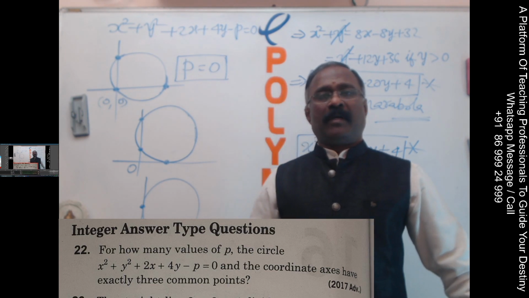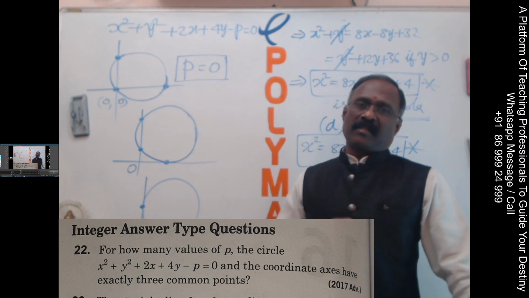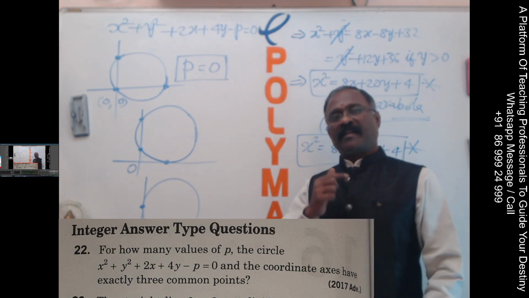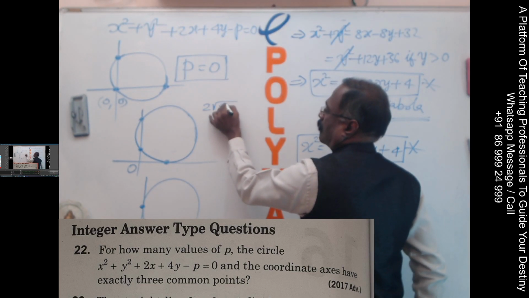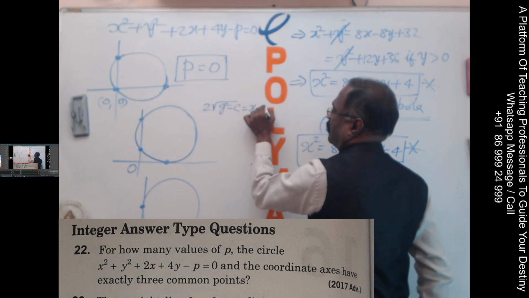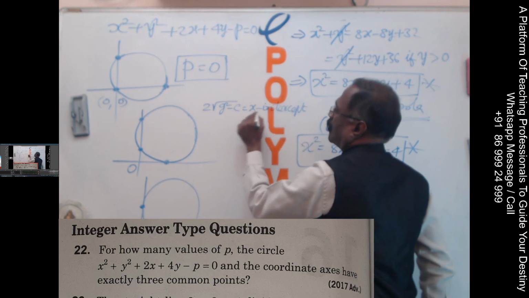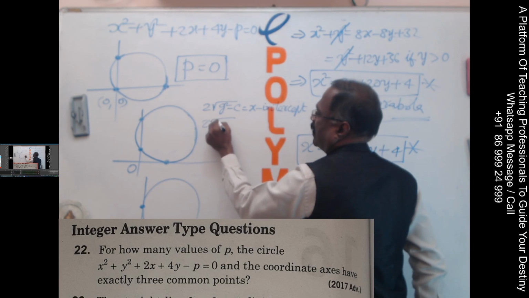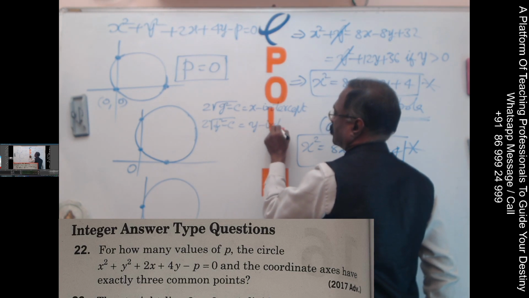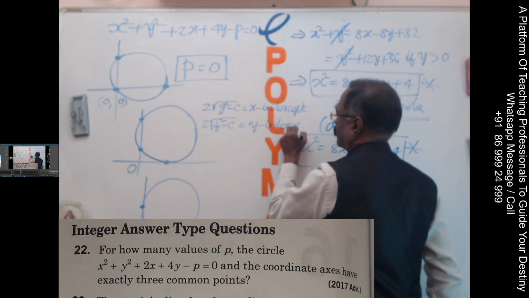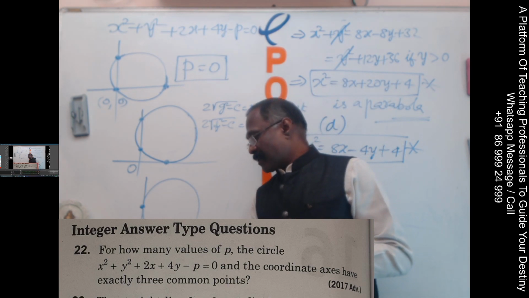You must remember the x-intercept made by the circle: 2 root over g square minus c. The y-intercept is 2 root over f square minus c. Because it is present under the root, there are many restrictions.